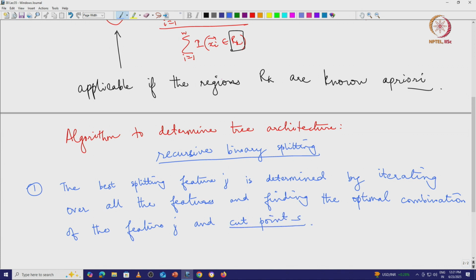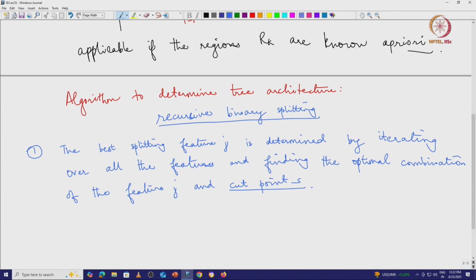So, what is a cut point? The cut point is the value of the feature j, to the left of which you will go to one region and to the right of which you will go to another region. So, that is the meaning of a cut point.